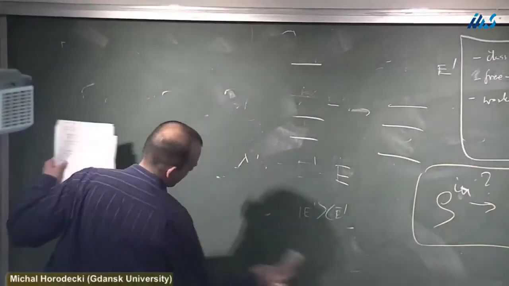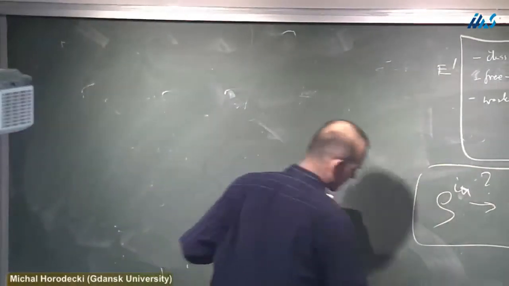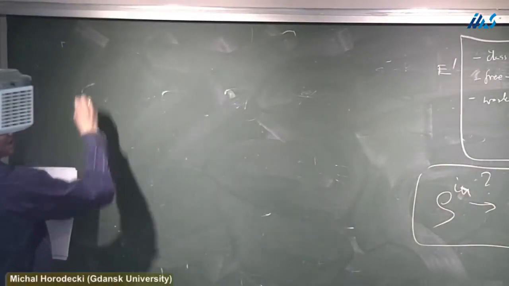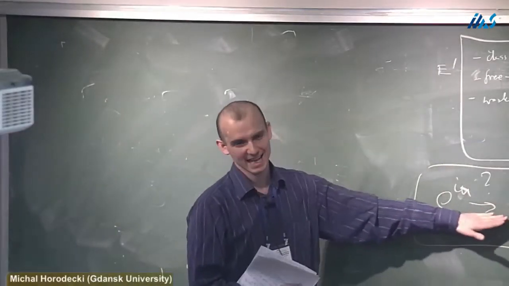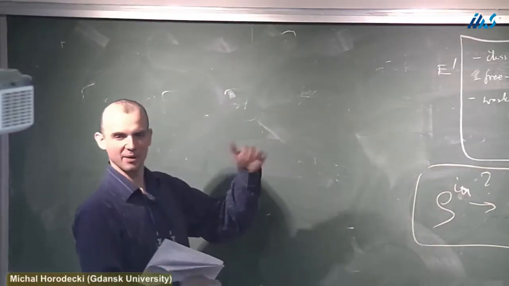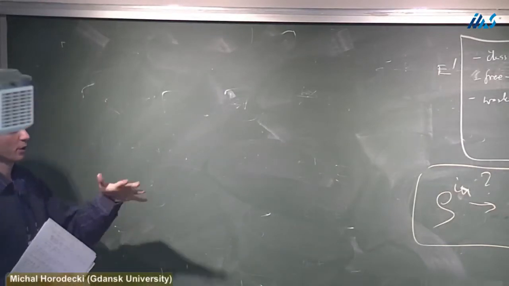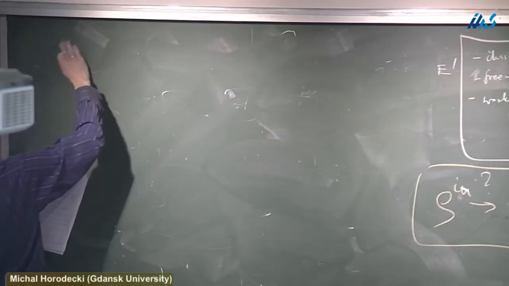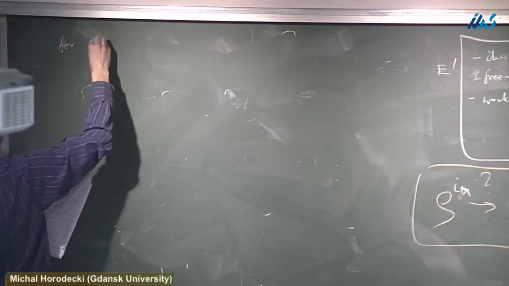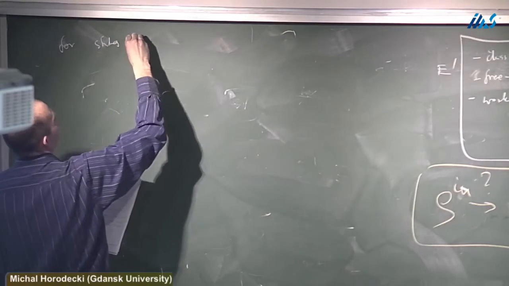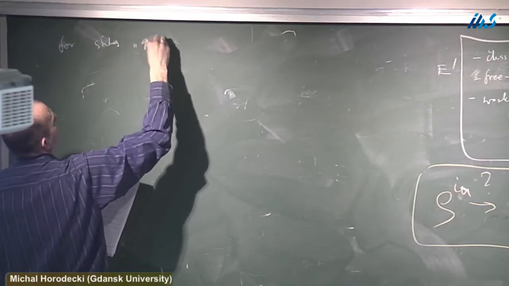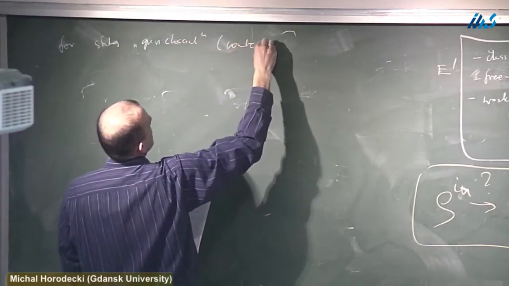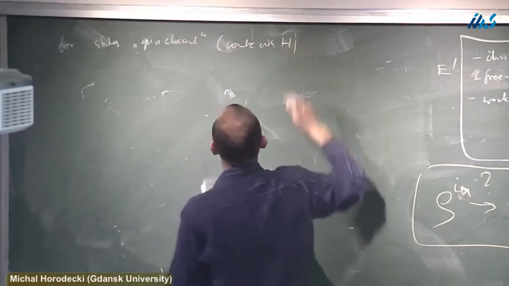As I said, in this paper with Jonathan Oppenheim, we answered this question for states that are diagonal, that commute with the Hamiltonian. For the states that do not, we have only partial results. Call them quasi-classical states, so they commute with the Hamiltonian.